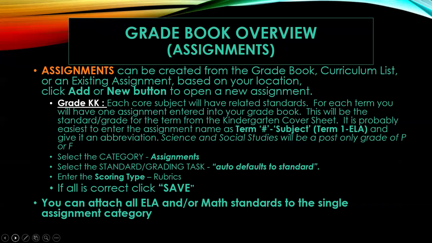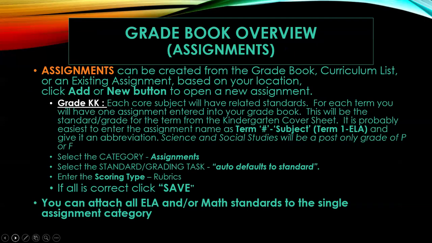So assignments can be created from your gradebook, your curriculum list, or an existing assignment based on your location in the gradebook. You can click add or the new button to open a new assignment. For kindergarten, each course subject will have related standards. For each term, you will have one assignment entered into your gradebook.